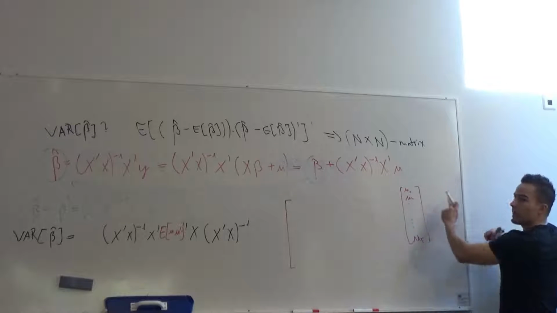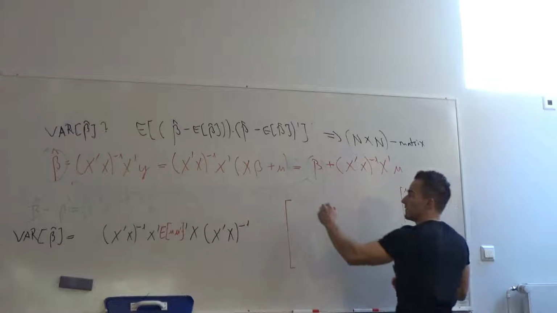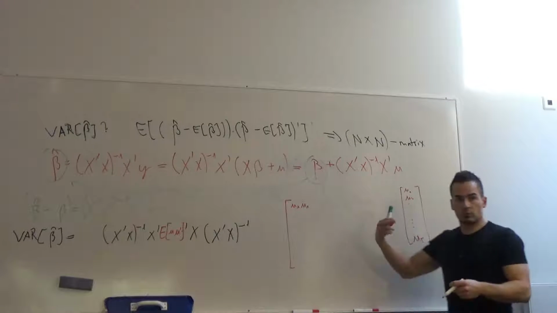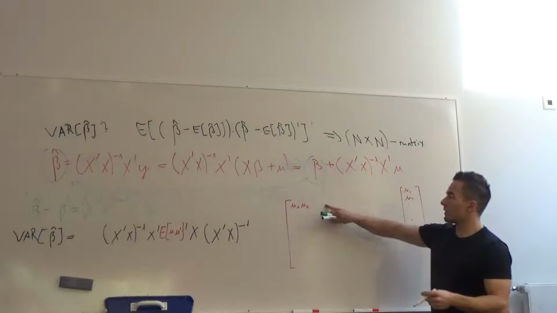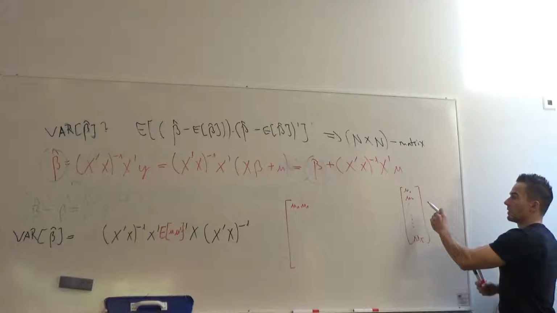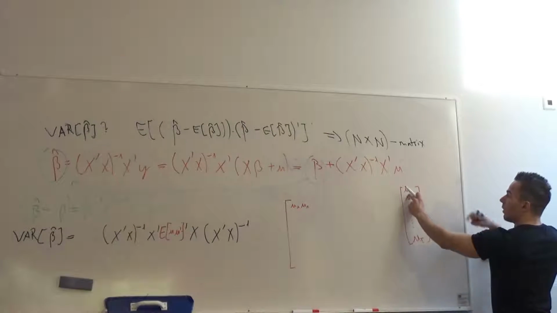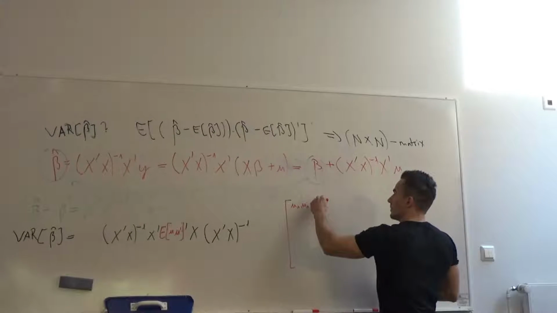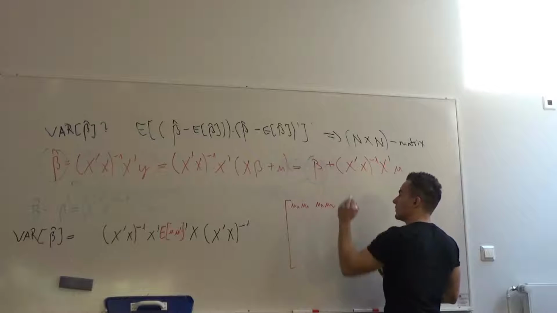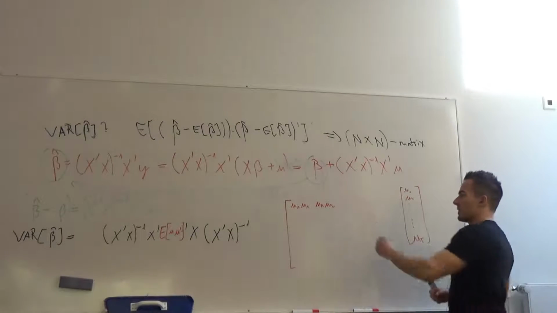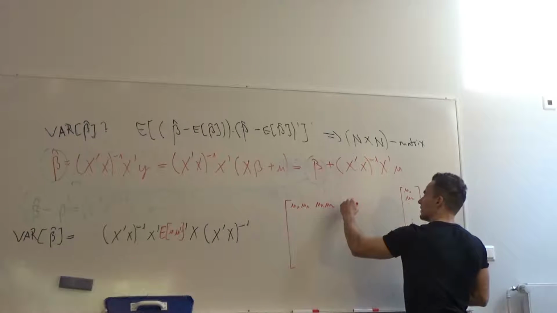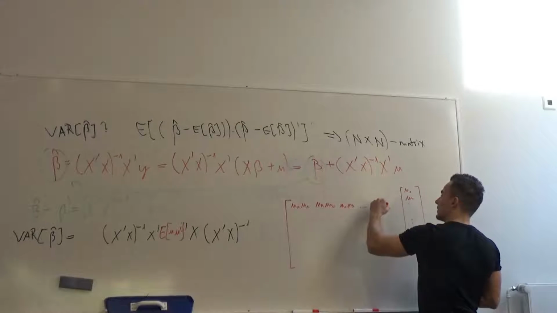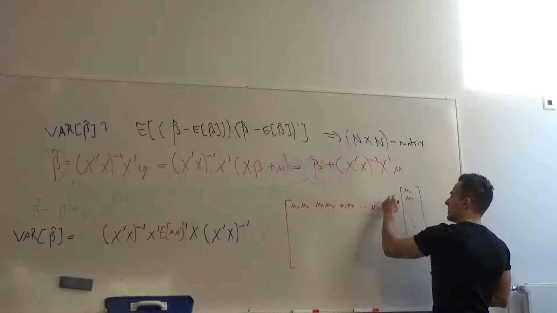It's u1 times u1, or u1 squared. What's the second element? It's u1 times u2. The third element, of course, u1 times u3, and so on, until we end up with u1 times uT.